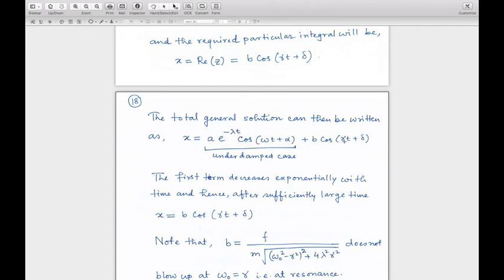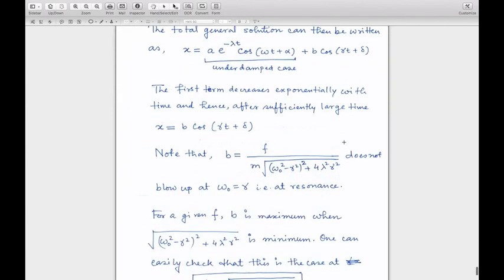Once again, gamma is the frequency of the periodic force. Now the first term decreases exponentially with time, and hence after sufficiently large time basically this term will prevail. So that's why this solution is known as the transient solution.